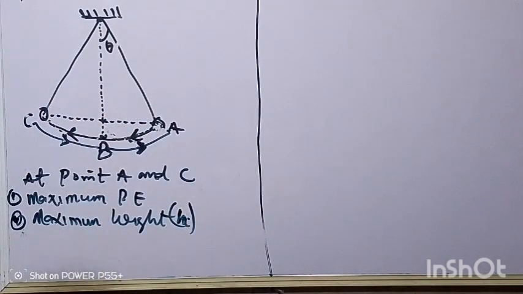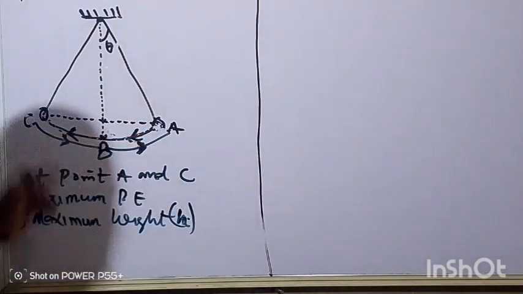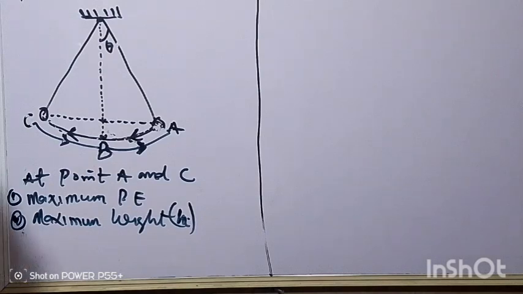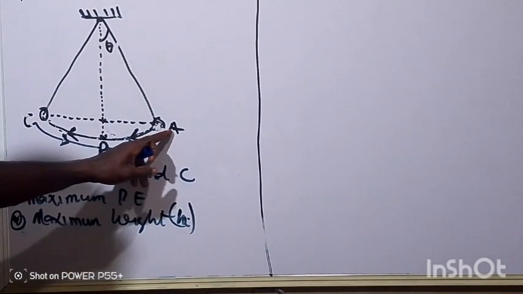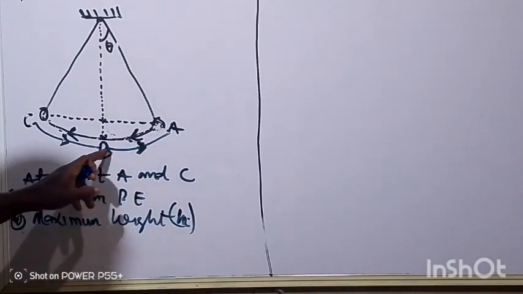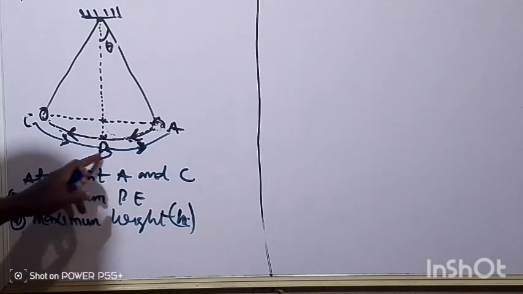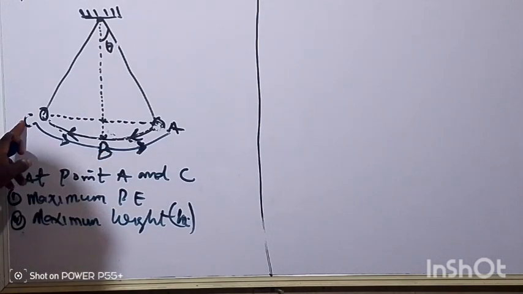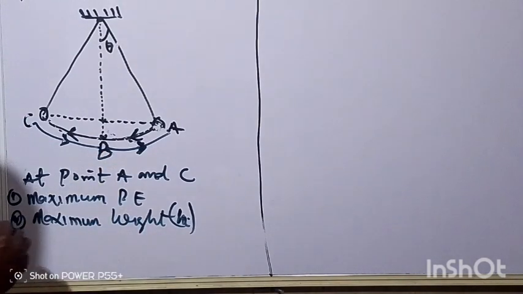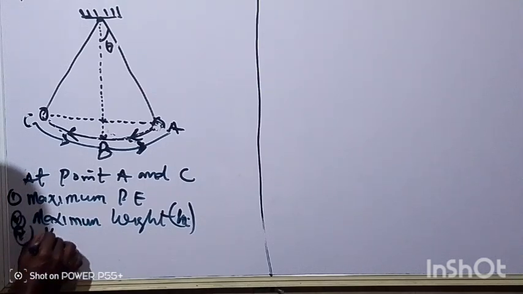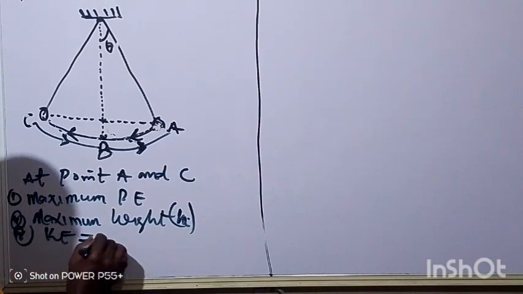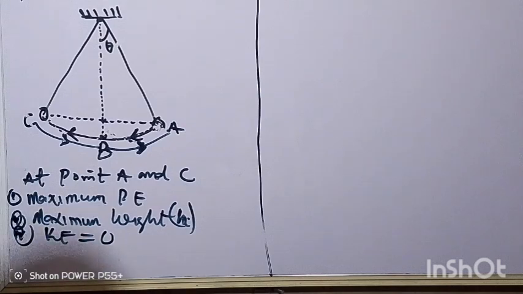At the same time, as it's moving to and fro from potential energy to kinetic energy to potential again, it means the kinetic energy at point A and C, KE, is equal to 0. Why?